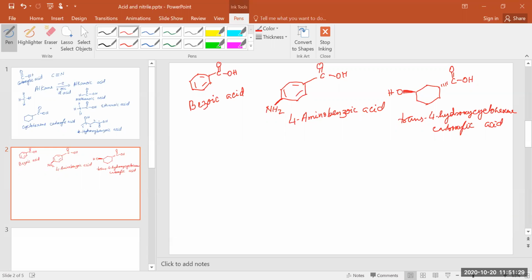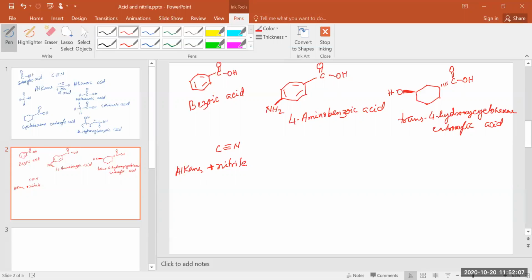Nitrile functional group, similarly, carbon triple bond nitrogen. So this is a nitrile functional group. In this case, for alkane, you need to just add nitrile. And you don't remove the E. Remember here, you don't remove the E, unlike other functional groups.